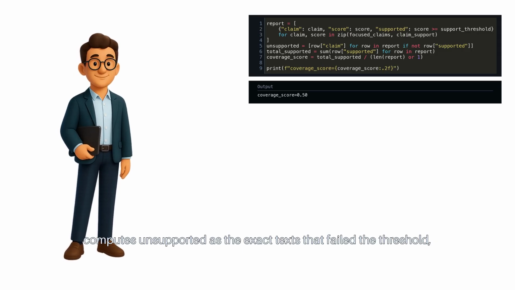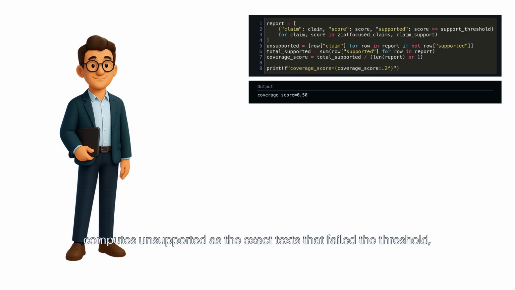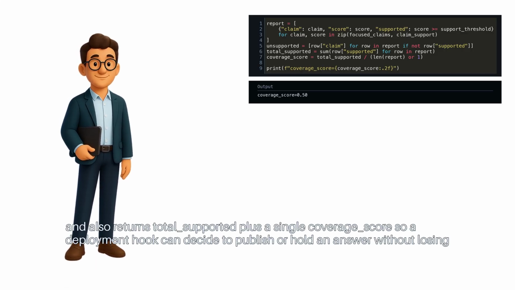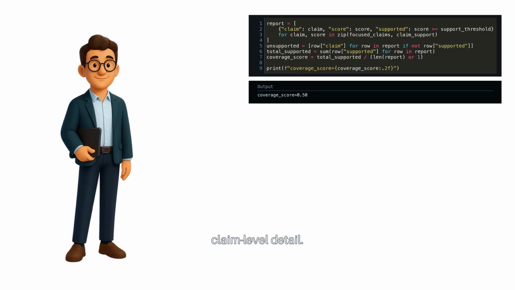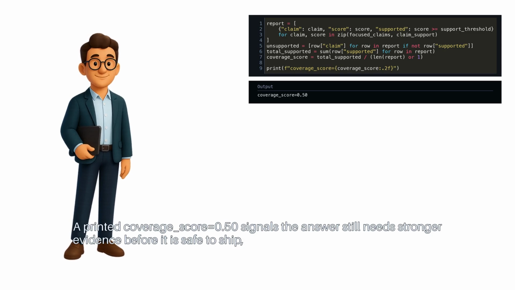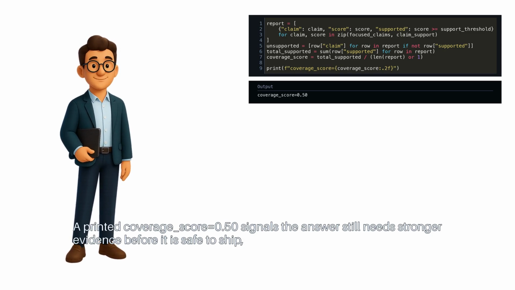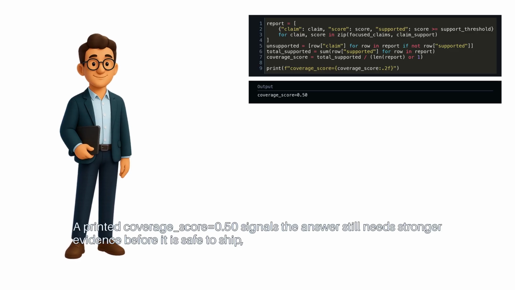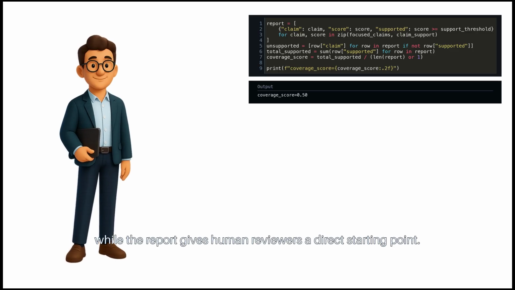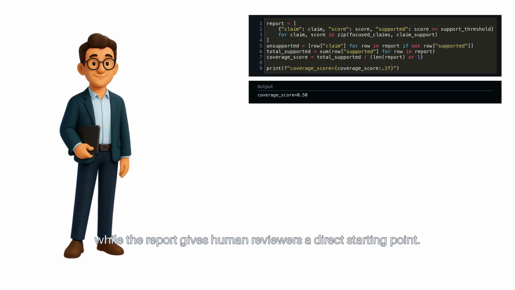It computes unsupported as the exact text that failed the threshold, and also returns total supported plus a single coverage score, so a deployment hook can decide to publish or hold an answer without losing claim level detail. A printed coverage score equals 0.50 signals the answer still needs stronger evidence before it is safe to ship, while the report gives human reviewers a direct starting point.